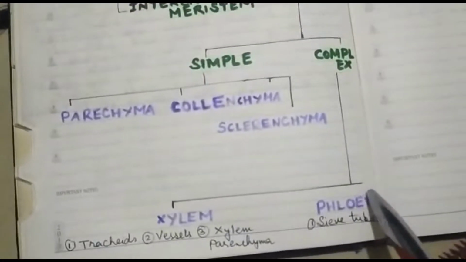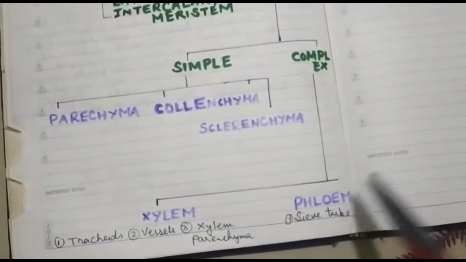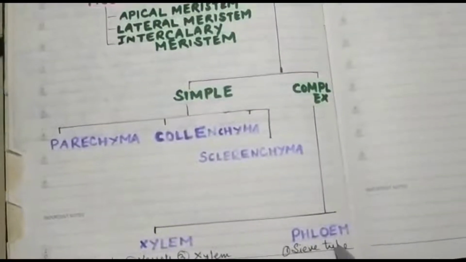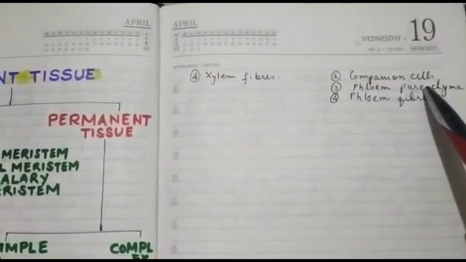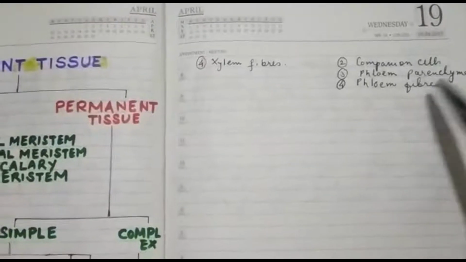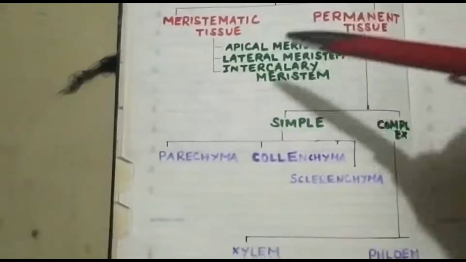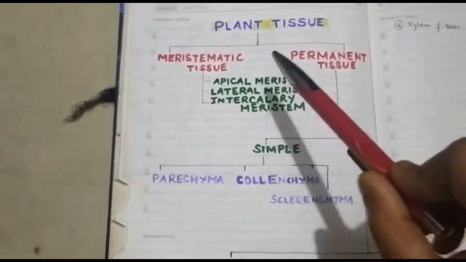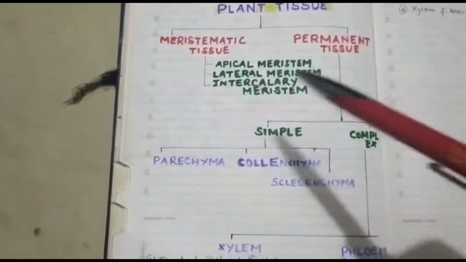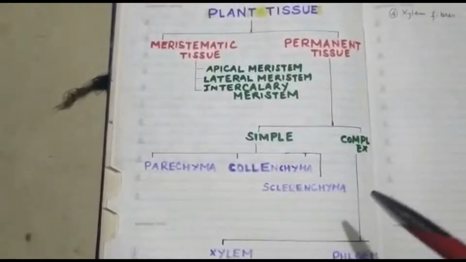Again, the phloem tissue comprises four types of cells: sieve tube, companion cells, phloem parenchyma and phloem fibers. That's all about the chart. The broad classification of plant tissue has been written here in the form of a chart.